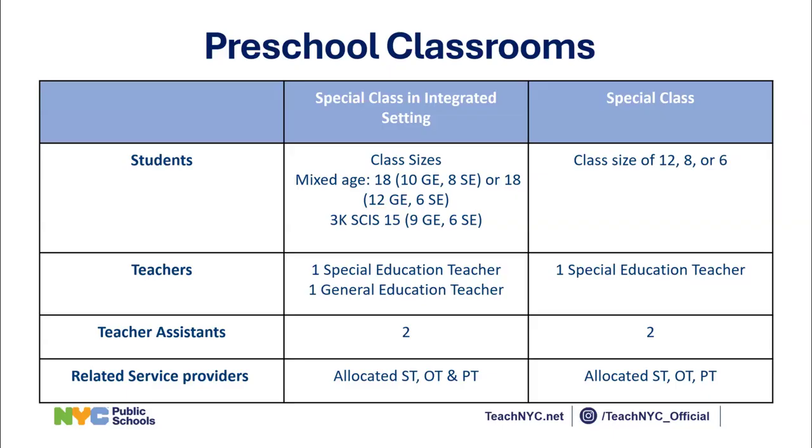And as you can see, the teachers for special class and integrated settings are one special education teacher and one gen ed teacher, 2 teacher assistants, and then the related service providers. So lots of different things in regards to preschool classrooms and special education.